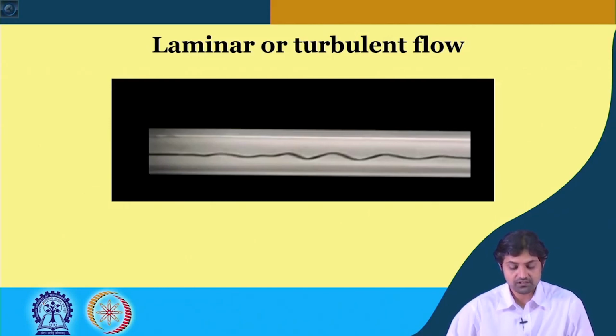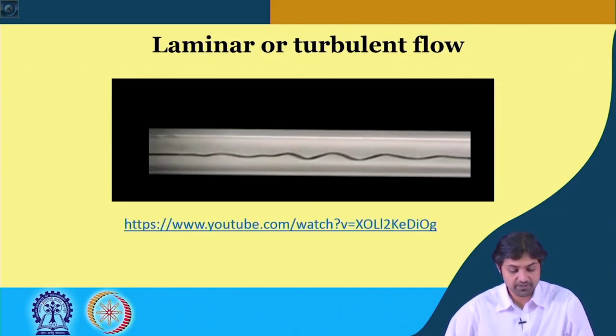So, this is a figure of an experiment. The link I have written, I have not attached the video because of the copyright issues, but this is an image of the experiment which was done in the pipe as I have shown you, and this has been done with the help of a dye.